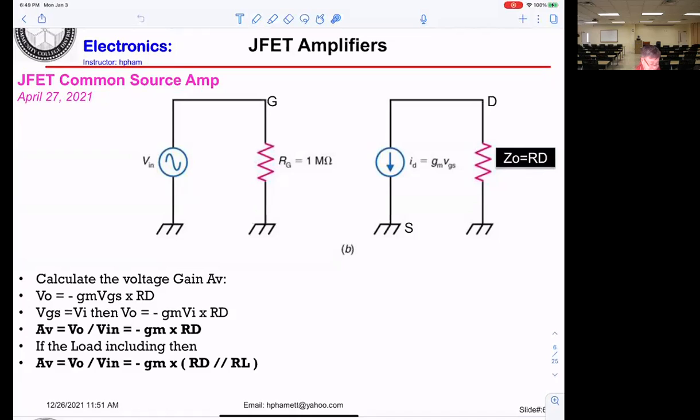And they also give you AV, the voltage gain, equal V out divided by V in, and that equals minus GM times RD. If the load is included, then the gain will equal minus GM times RD parallel with the load.